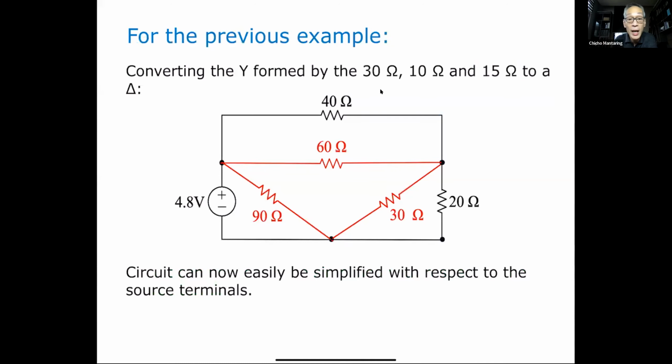So now you can see elements that are in parallel. These two are now in parallel. These two are now in parallel. The parallel combination of this is now in series with the parallel combination of this. And then this whole thing is now in parallel with your 90.